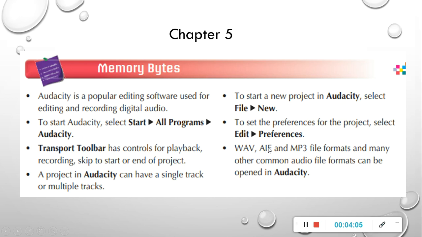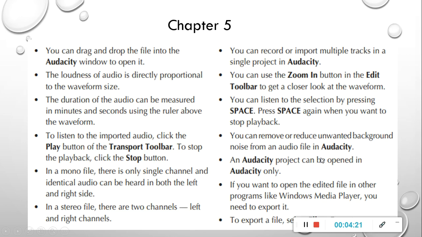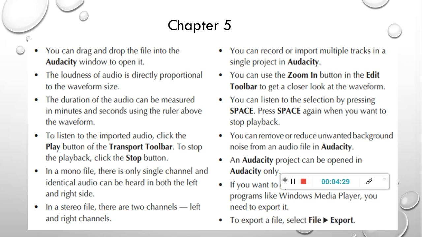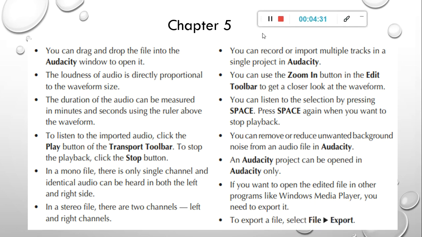I will give you these three options, and the fourth option is all of these, so all of these will be your answer: WAV, AIF, MP3 are your file formats. After this, from chapter 5, again these are your memory bytes only. So many memory bytes are given here, so you can easily go through them.